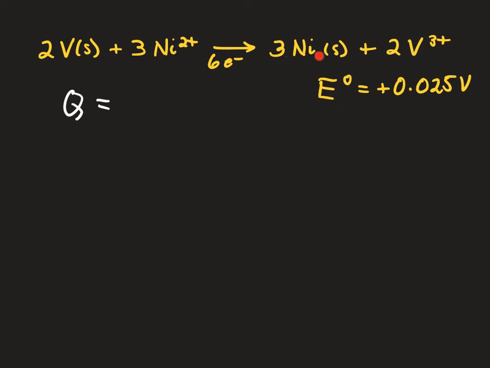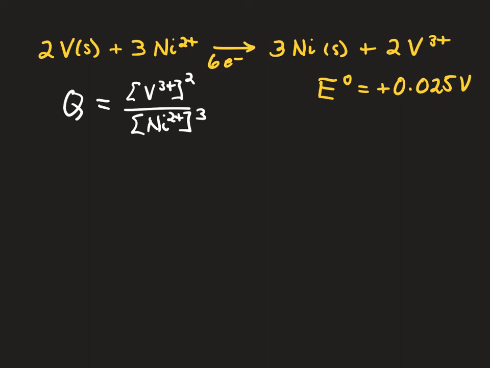Its activity is going to be 1. And so all we have on the product side that we can put in really is our concentration of vanadium ions squared. And if we look on our reactant side, vanadium is a solid, and so all we really have is our concentration of nickel ions cubed. That would be the Q for our reaction.